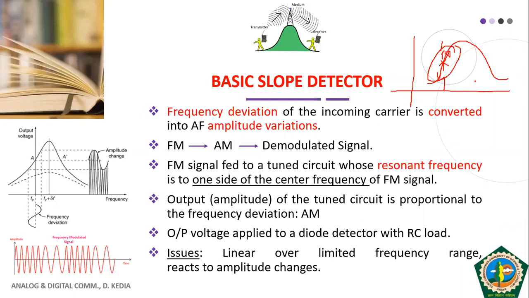This is what has been written in the slide also, that in the basic slope detector, we take a tuned circuit. Tuned circuit means it will be tuned to a certain frequency whose resonant frequency is to one side of the center frequency of the FM signal.